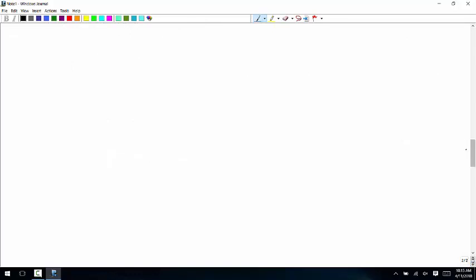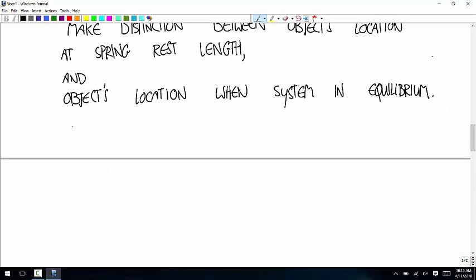We're going to set our x equals 0 at the object's location in equilibrium.